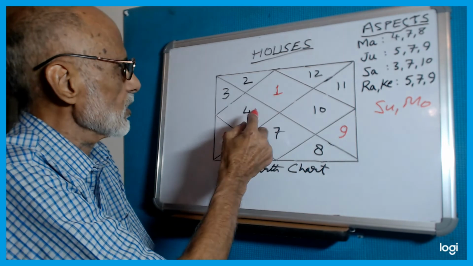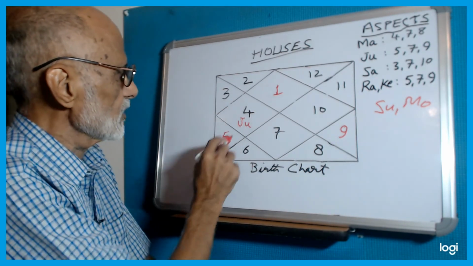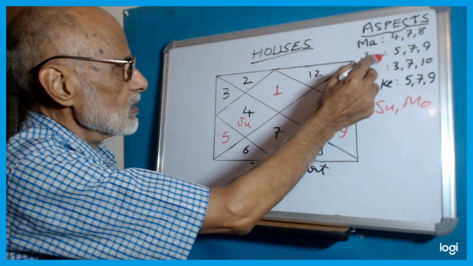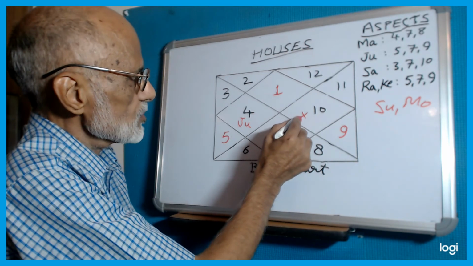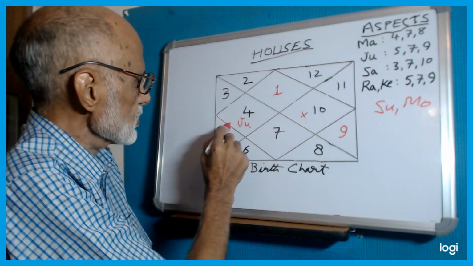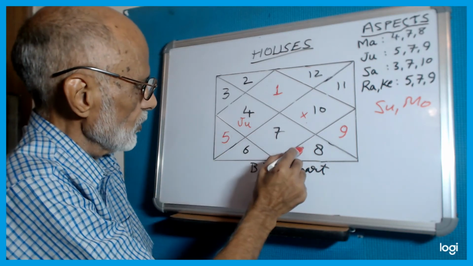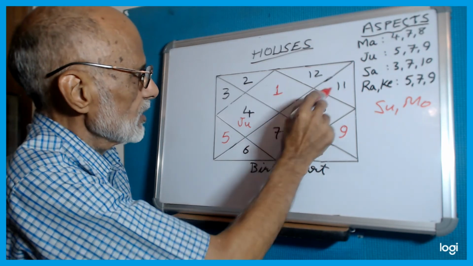Like for example, if Jupiter is sitting here, suppose in your birth chart in the 4th house, then Jupiter will cast its aspect on the opposite house, the 7th, right here, on the 5th: 1st, 2nd, 3rd, 4th, 5th here, and the 9th. So this is the 7th, 8th and 9th.